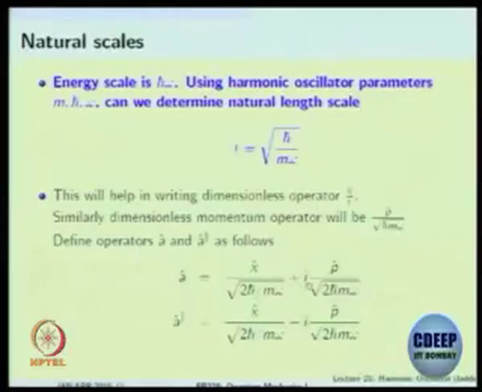You can see that plus i, the imaginary i, becomes minus i. Just to make my math simpler, I have introduced the square root of 2 here. So the x operator divided by root h cross by m omega is dimensionless, and the p operator divided by root h cross m omega is dimensionless. The square root of 2 is added just to make things simpler, as we will see.